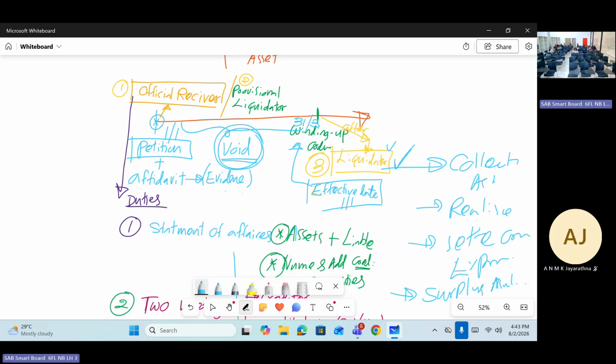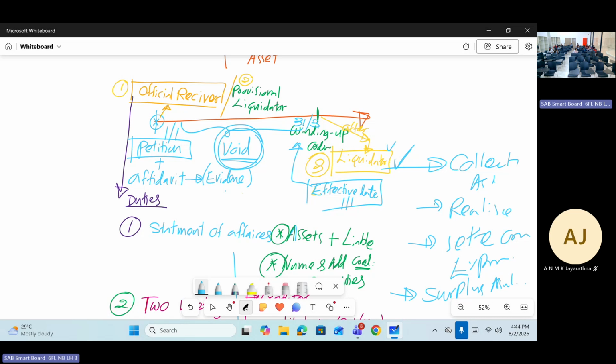Why is the official receiver appointed? The reason is that an independent party is needed to displace the powers of the directors and shareholders, because allowing them to control the affairs of the company may be harmful to the creditors.